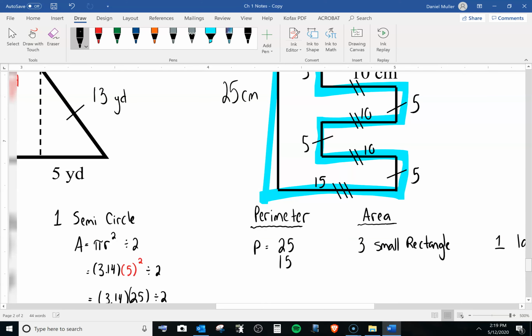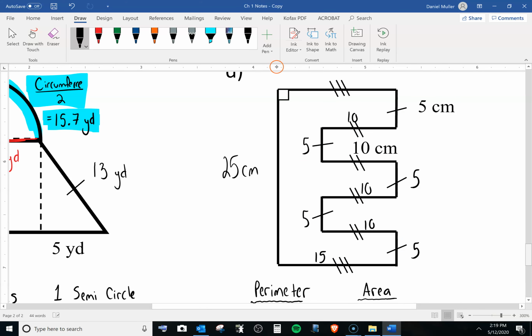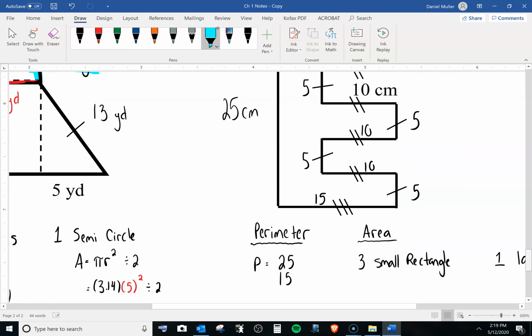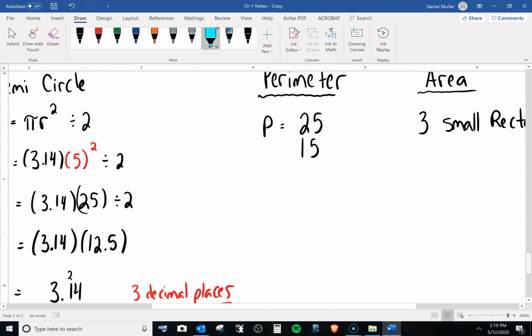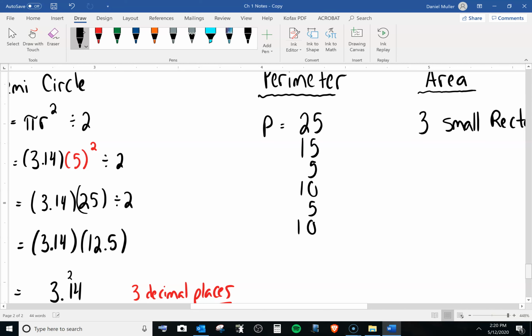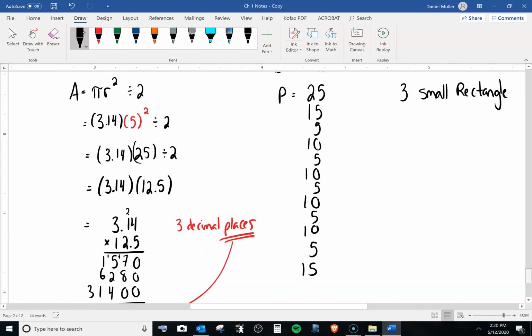And I'm just going to scroll down a little bit here. 15, and then I've got 5, 10, 5, 10, 5, 10, 5, 10, and then another 5, and then the bottom was a 15. So that is everything all the way around.